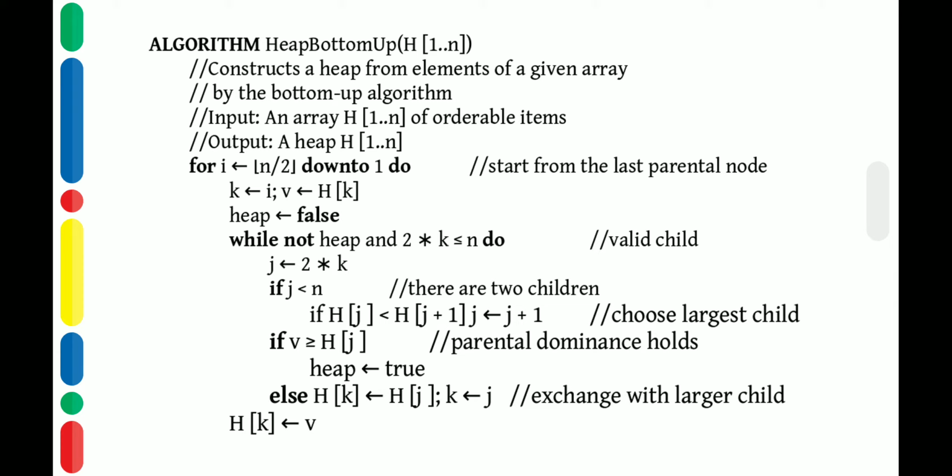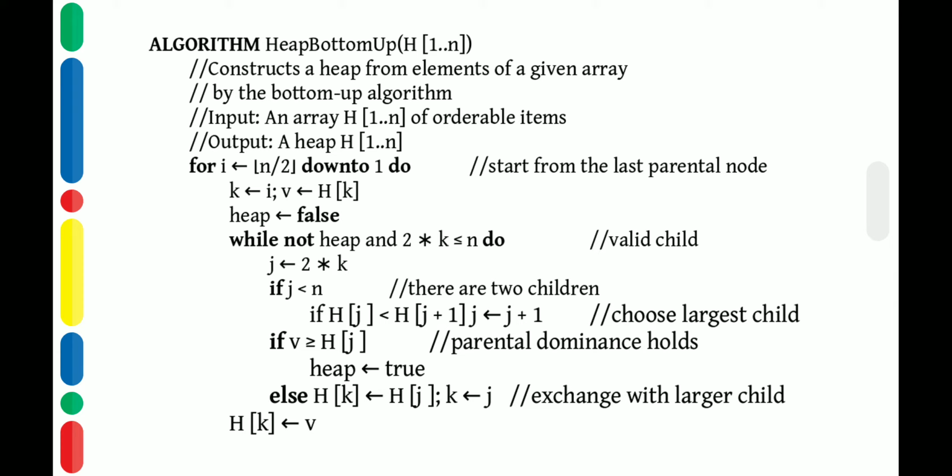Now we write the outer loop: for i equal to n by 2 down to 1. So this is a decremental loop, not an incremental loop. We start with i being n by 2 rounded down, and then keep on decreasing till we reach 1. So why do we start with n by 2?